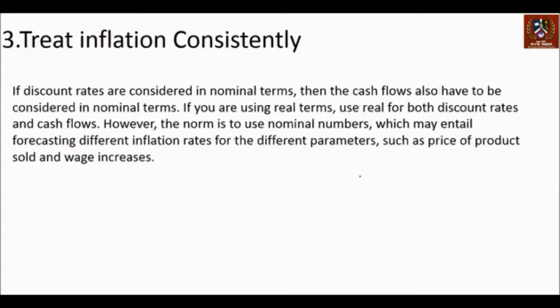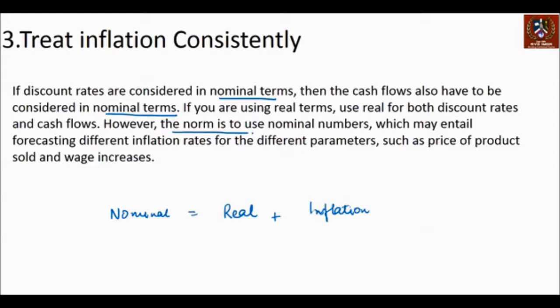The third one, the rule, is use inflation consistently. Remember that if you're considering discount rate in nominal terms, and remember nominal rates, if you remember, we have discussed this, nominal is real plus inflation. That's an approximate formula that is there. So if you're using nominal rates, then cash flows also have to be considered in nominal terms.